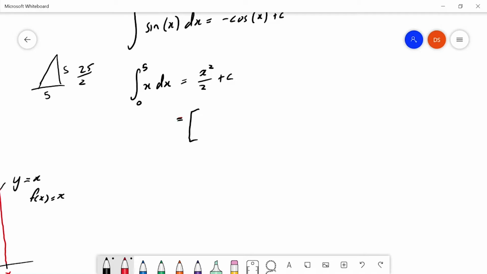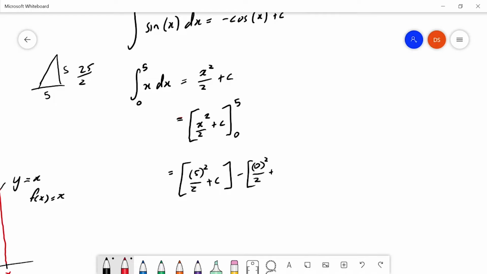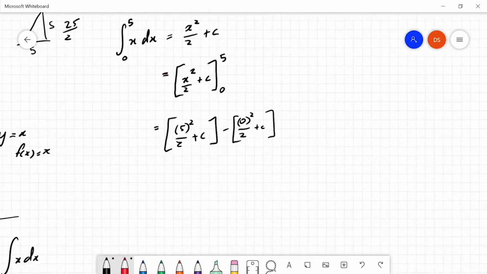We say we're integrating from 0 to 5. Now what we do is we substitute. We substitute 5 first into x, and then we substitute 0 in for x, remembering to carry the c.